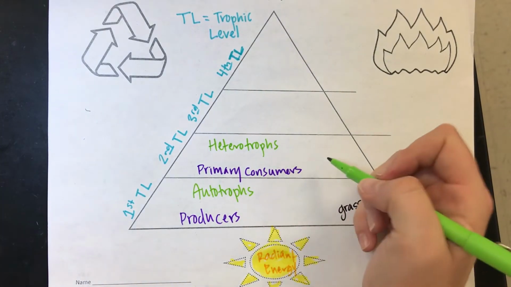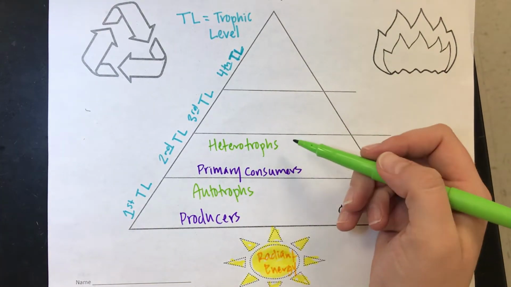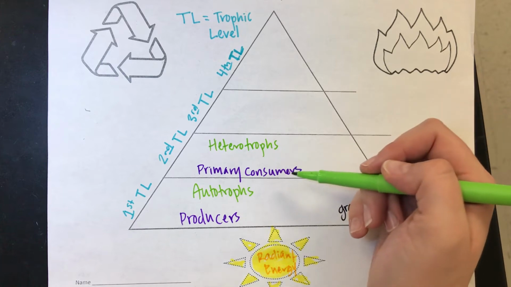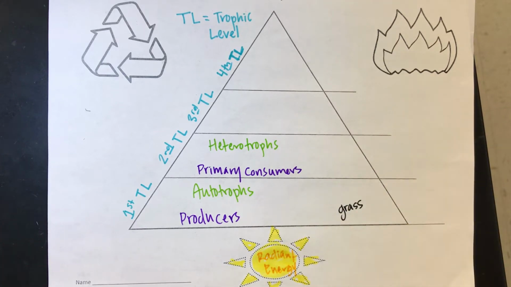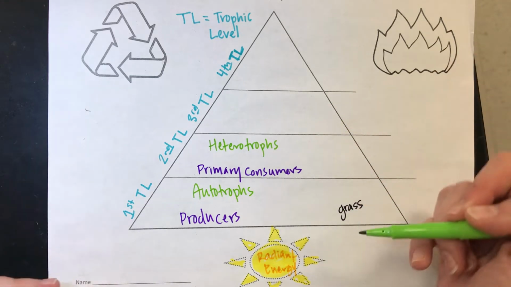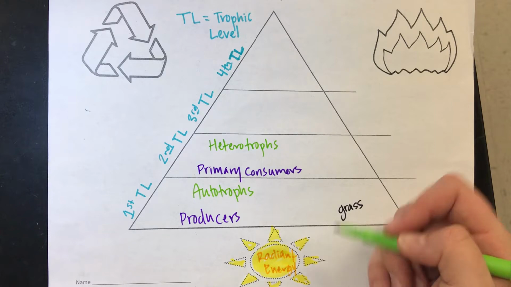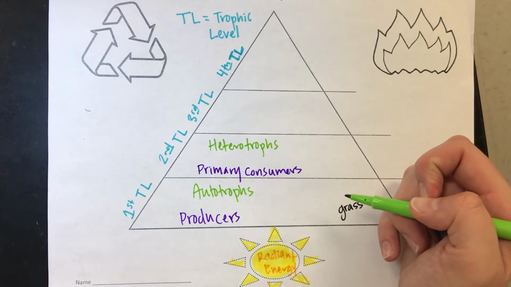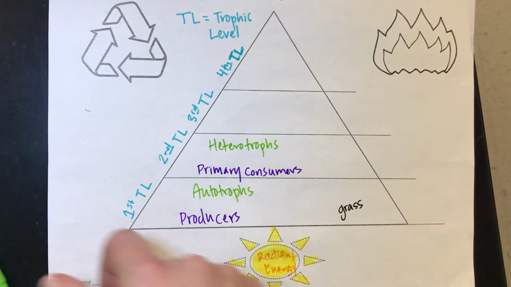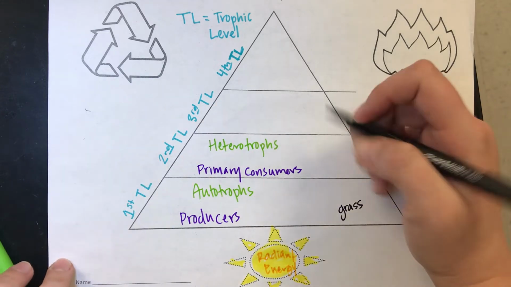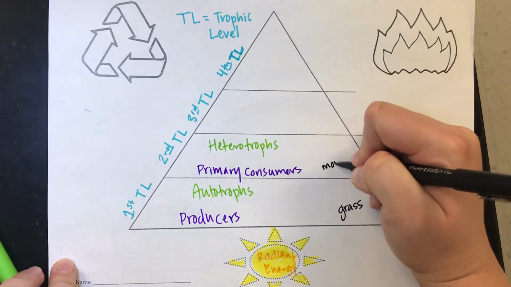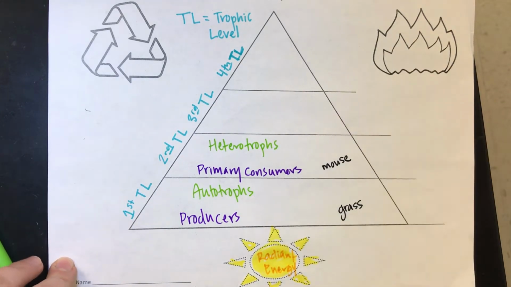And that prefix hetero means different. So our primary consumers have to get energy from different sources. They can't automatically convert radiant energy on their own. They have to consume producers to get energy from them, to get their stored chemical energy. Okay, our example in this case is going to be a mouse. You can change it to something different if you wish, but I'm going to say mouse.